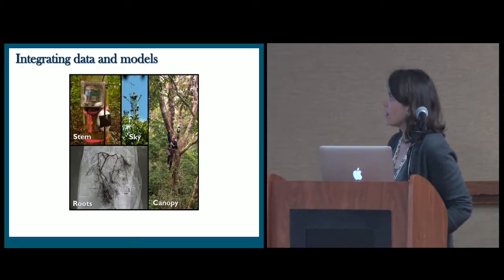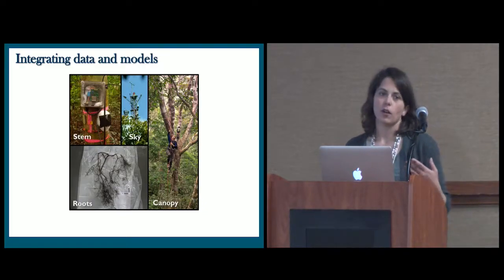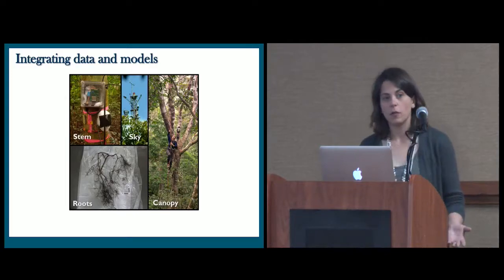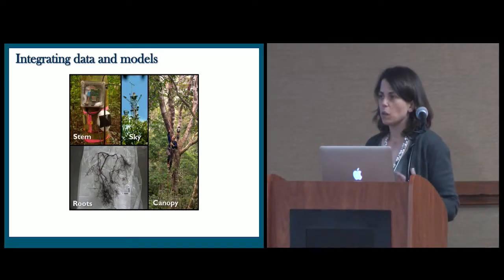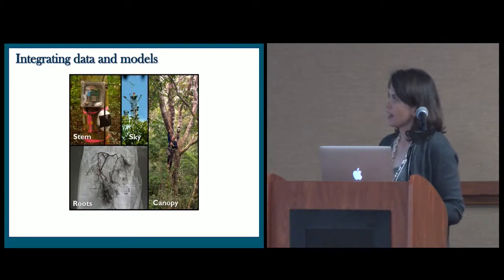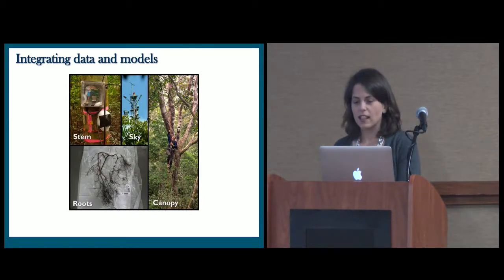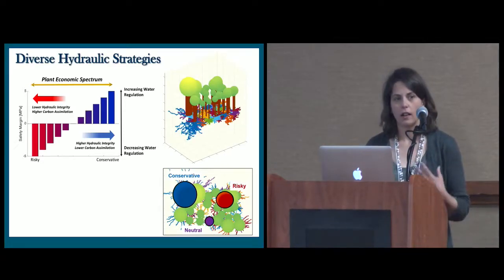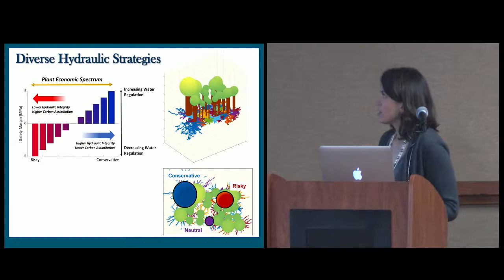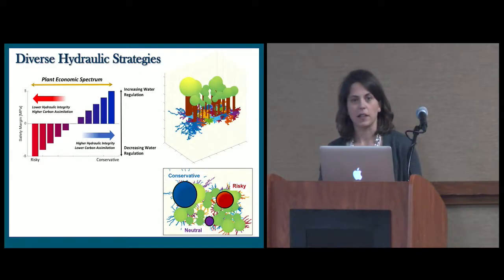And we also have eddy covariance towers, which are measuring water and carbon fluxes from the forest at a larger landscape footprint, and also meteorological variables at the site. So we're using that and trying to integrate it into a more holistic picture of what's going on in the forest.